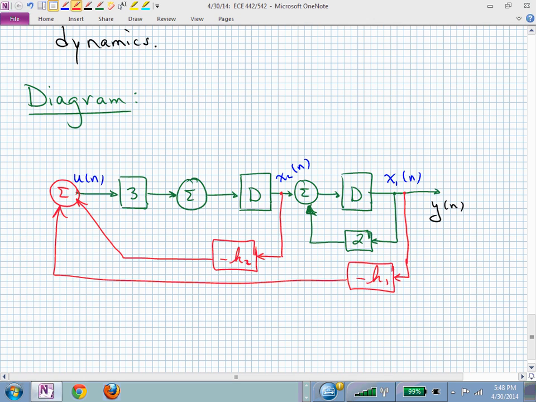If you write x sub 1 of n plus 1, you better get the first row of that state space representation. And if you write an equation for x sub 2 at time n plus 1, you better just get 3u of n before we add in the full state feedback.